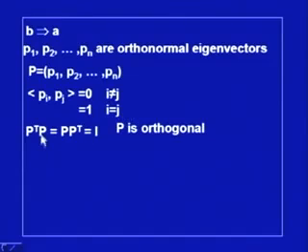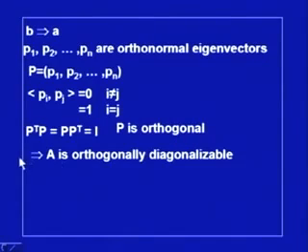That means P transpose P will be a matrix with 1 on the diagonal and the rest of the elements 0. That matrix is nothing but an identity matrix. So P transpose P is equal to the identity matrix. Similarly, one can prove that P P transpose is also the identity matrix, and once P satisfies this property, one can say that P is an orthogonal matrix, and this proves that A is orthogonally diagonalizable.